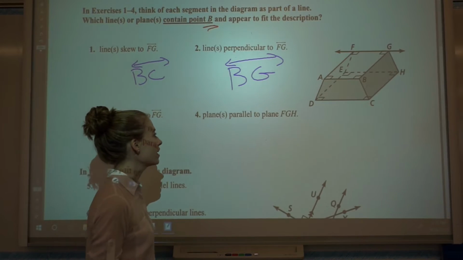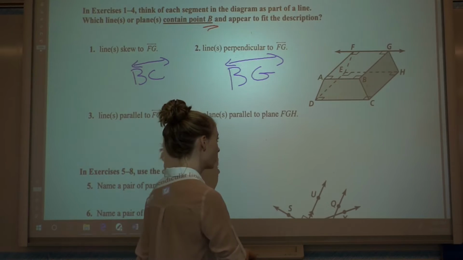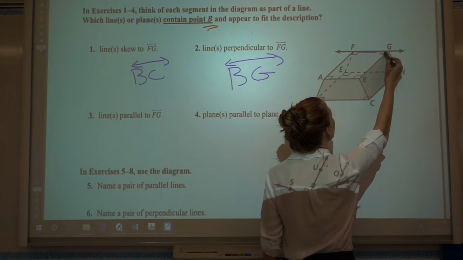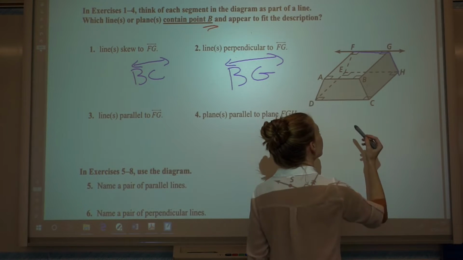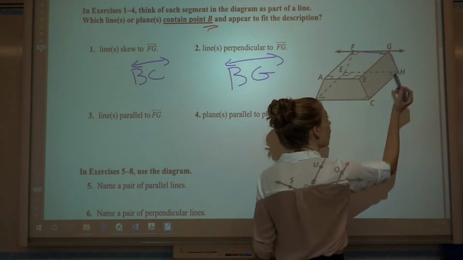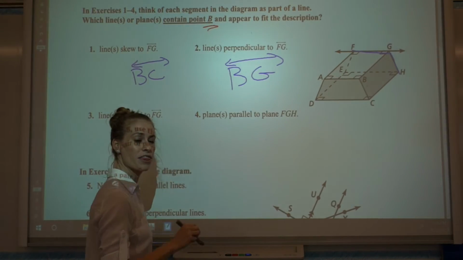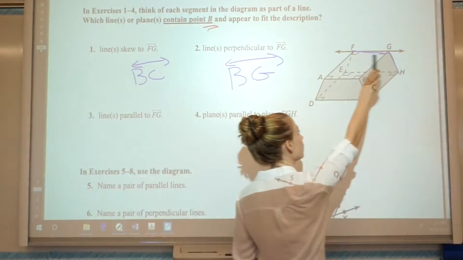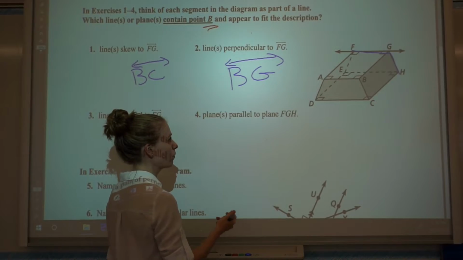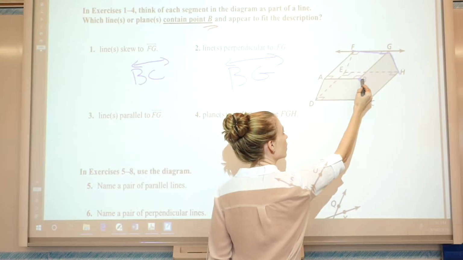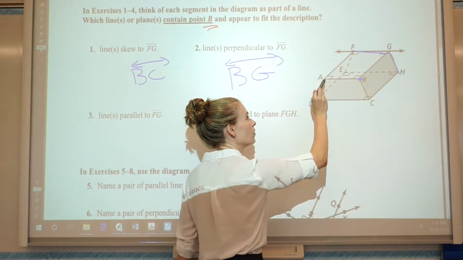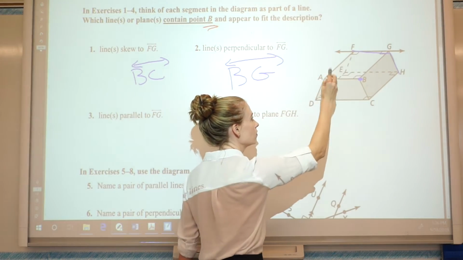Number 4. We're looking for planes that are parallel to plane FGH. Remember, you only need 3 points to make a plane. I'm trying to find another plane that's parallel to FGH, so I don't want them to intersect. If I want to contain point B in there, maybe you should just consider the same lines that are parallel with FG.